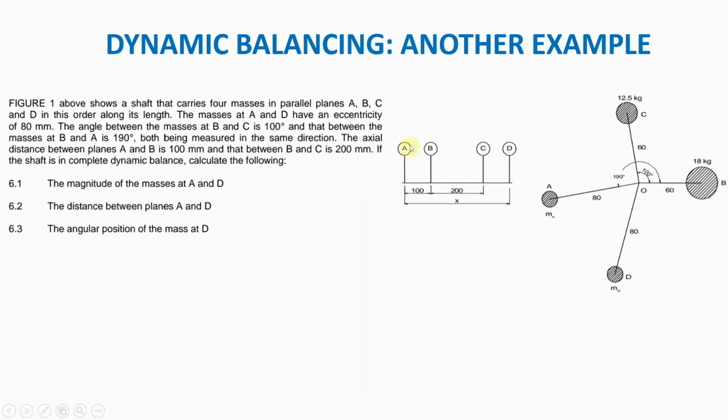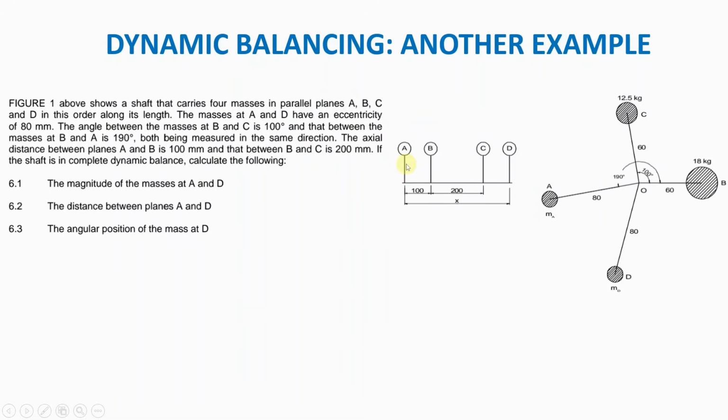Okay, so mass A here is rotating into the page, and then when it comes down here, it comes out of the page, and then here it gets back into the page. I hope you get the picture. Mass A is not rotating like this. This is not how it is rotating.